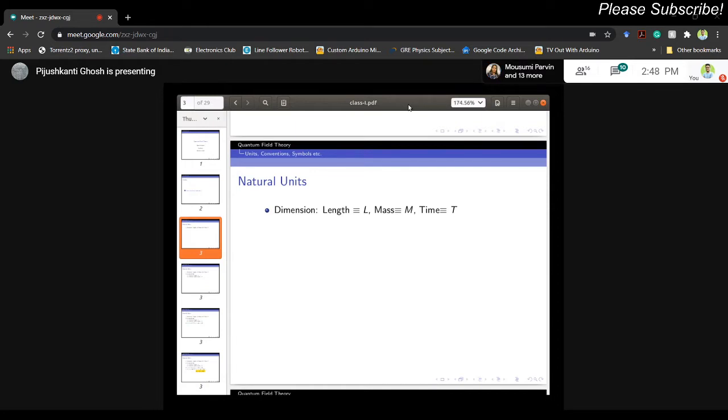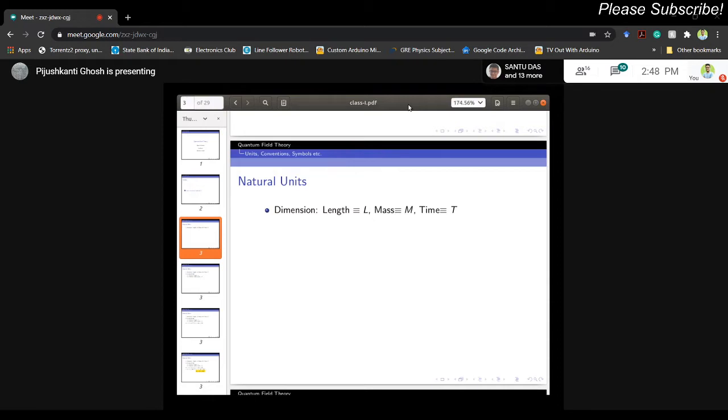For example, there are some fundamental constants in nature. Number one, velocity of light. Number two, Planck's constant. And number three, gravitational constant.